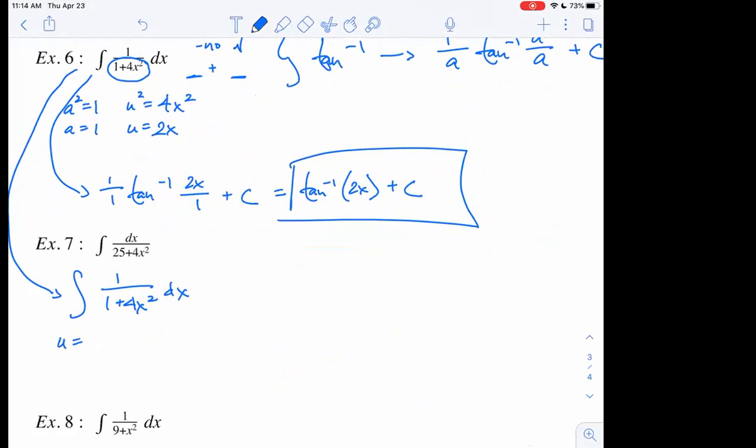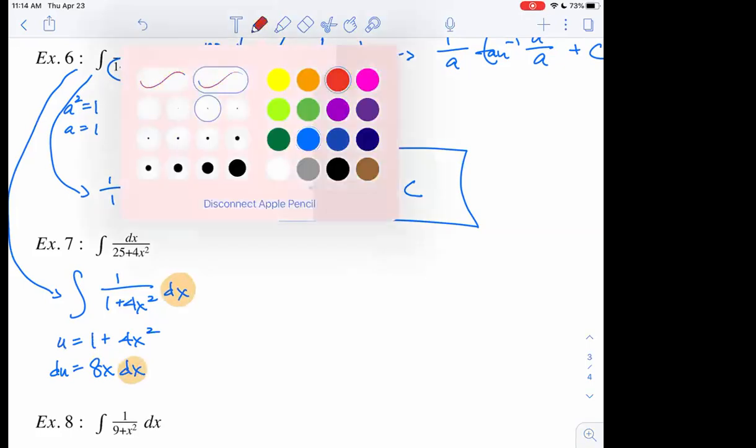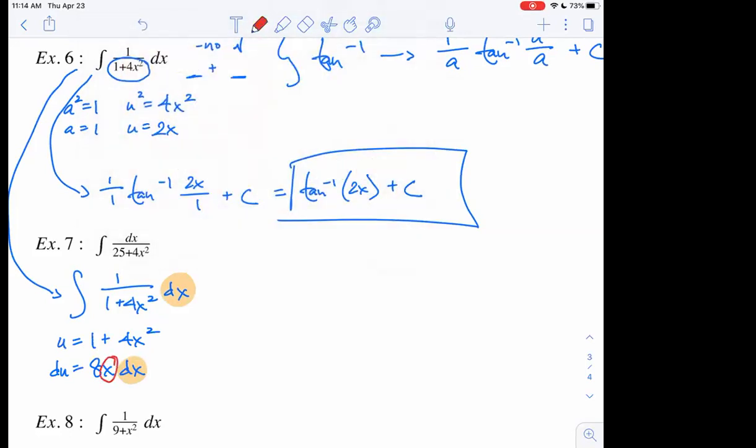So I would set my U equal to 1 plus 4x squared. Yeah? And then I would look for my du, and I would get 0 plus 8x dx. Now, when I look at my equation, I see a dx in the equation, but here's what I don't see. I don't see an x. Like, there's no x on the top here. So I can't use U sub.